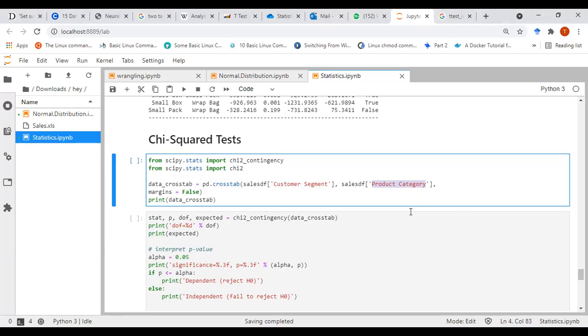So we can say that the null hypothesis is that the customer segment is the same across different product categories. And the alternate hypothesis is that the customer segment is different across different product categories. That's what you say. There is no mean here. There is no numerical variable.